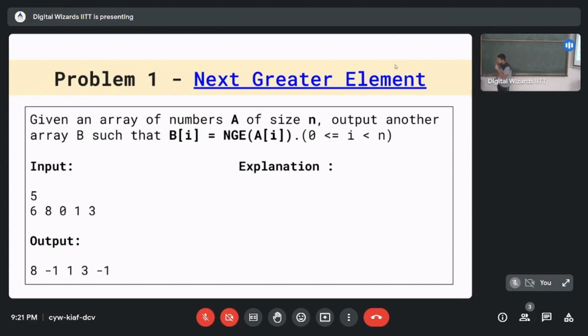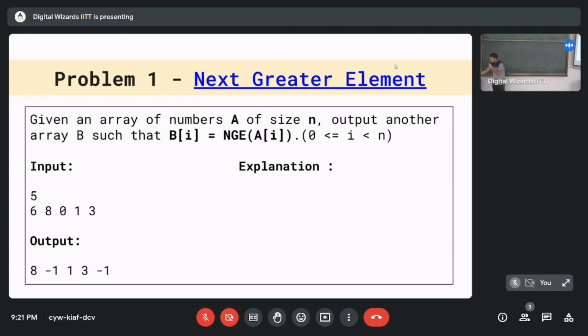statement. You are given an array, and we need to produce another array where each element B_i should be the next greater element of A_i. So if I say 6, for 6 the next greater is 8.